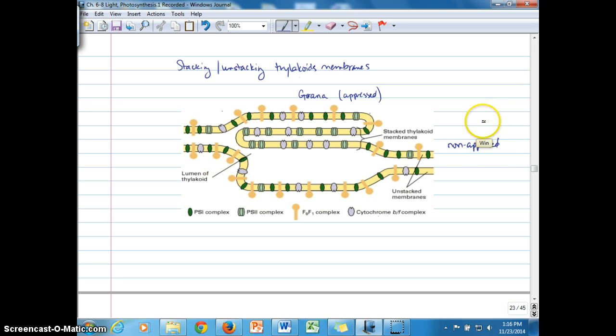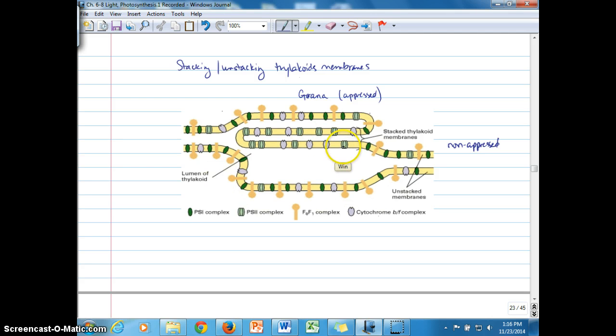If you look carefully at the non-appressed or unstacked regions, you can see that we have all four components of the light reactions: the ATP synthase complex, photosystem II, photosystem I, and cytochrome b6f. Now if we compare that to the appressed or stacked regions, we can see all four components lining the exterior edges, the top and bottom of the grana, but the interior folded sections lack photosystem I and ATP synthase.